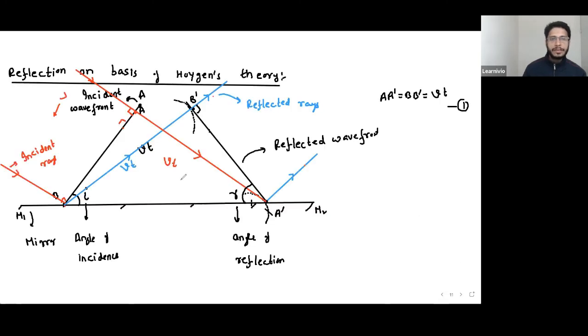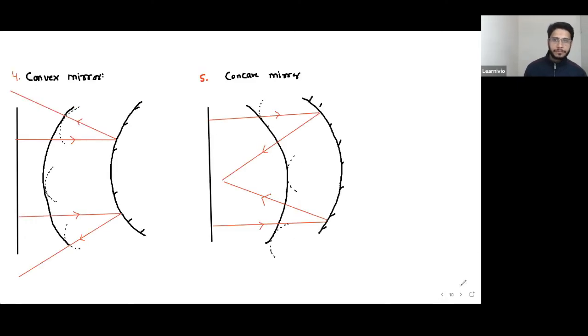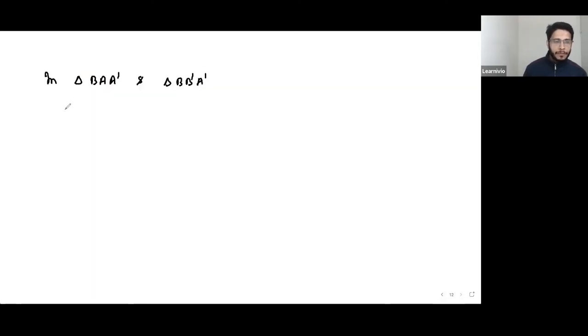You have to prove that these two triangles are congruent. See, BA is equal to B prime A prime, which is equal to VT.